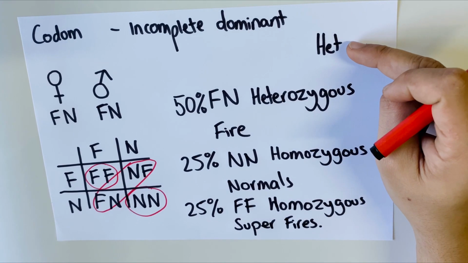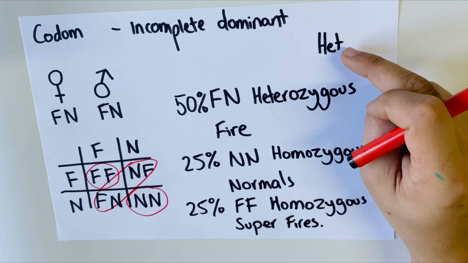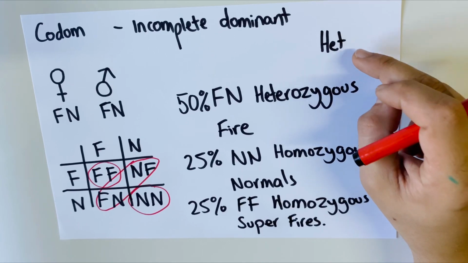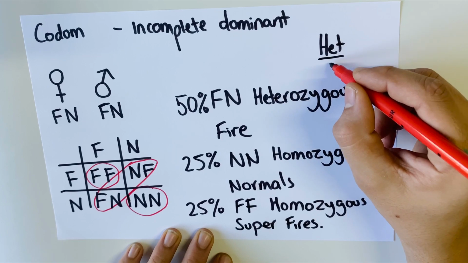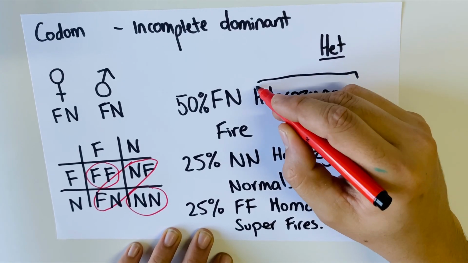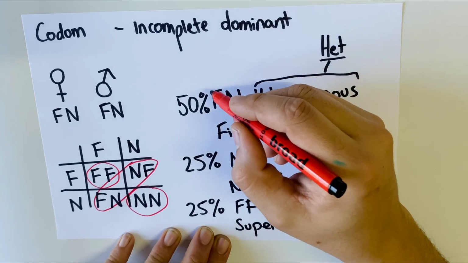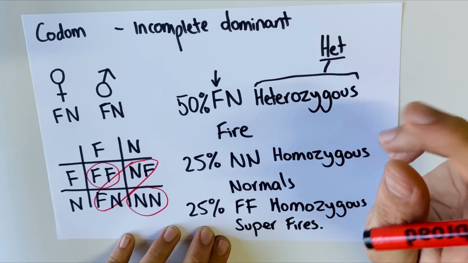But here we're looking at het means, and if we look carefully, it means it has two different copies. Alternatively, you can think of het or heterozygous. So het is an abbreviated form of this word here. Okay, you could consider it as it has one copy of the gene you're interested in.